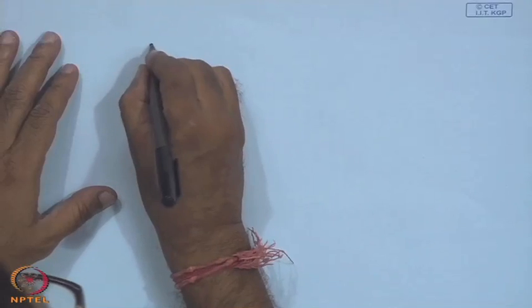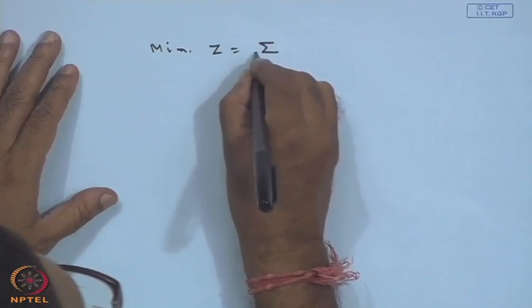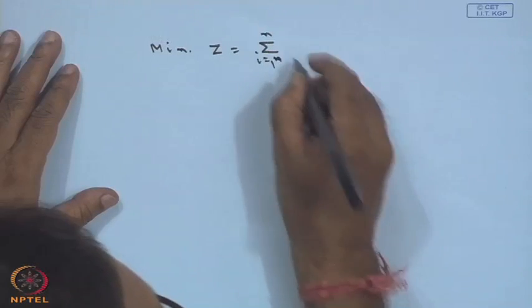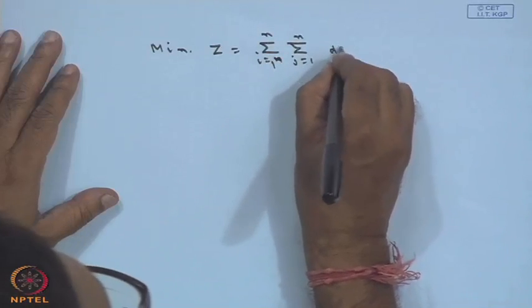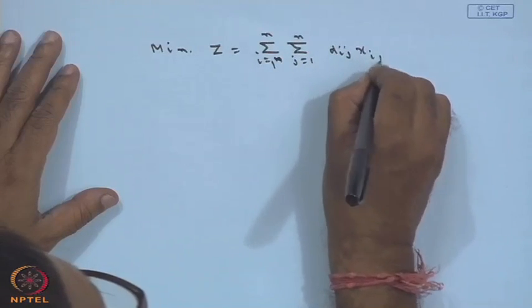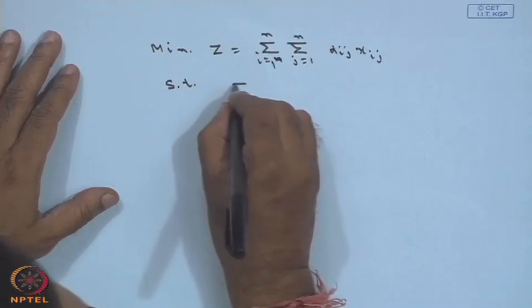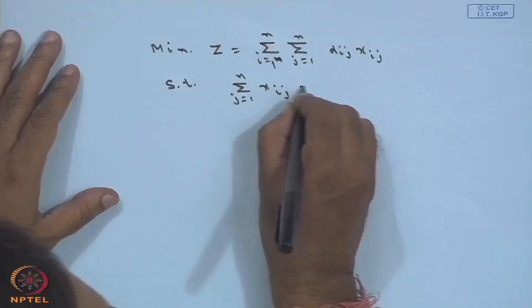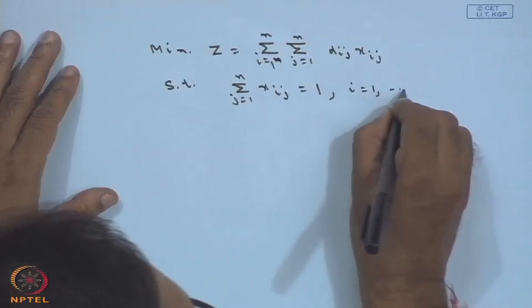So, we can formulate the problem as this: minimize z equals summation over i equals 1 to n, summation over j equals 1 to n, d_ij x_ij, subject to summation over j equals 1 to n, x_ij equals 1, because they can take only one value. Here i is 1 to n.